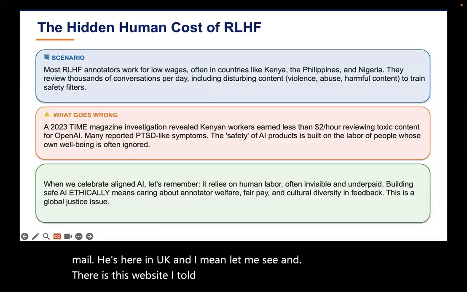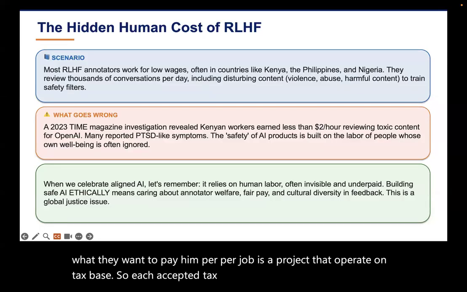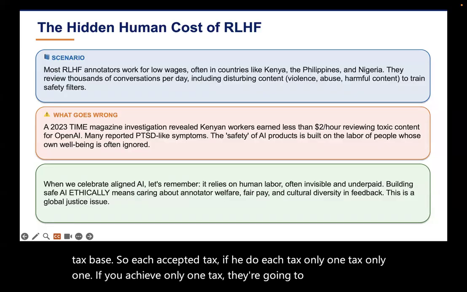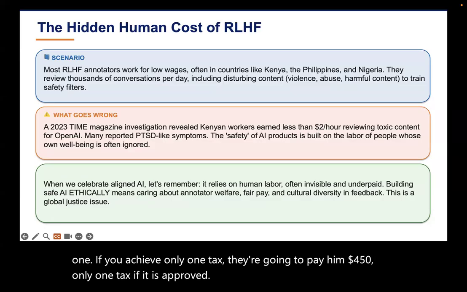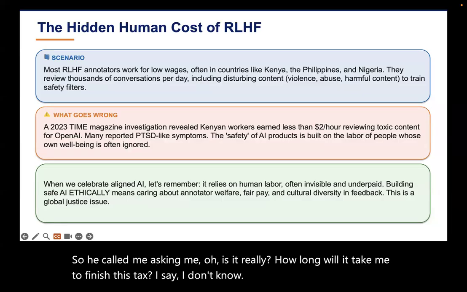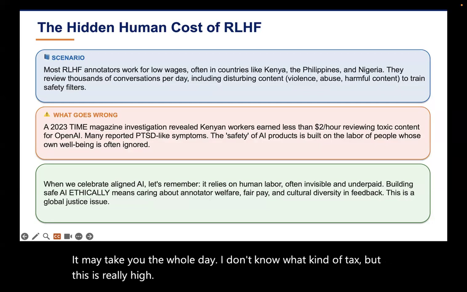They want to hire him, and they operate on a task basis. For each accepted task, if you complete only one task, they're going to pay him $450, only if it is approved. He called me asking how long it would take to finish this task. I said I don't know, it may take you the whole day. I don't know what kind of task, but this is a really high-paying, time-consuming task.